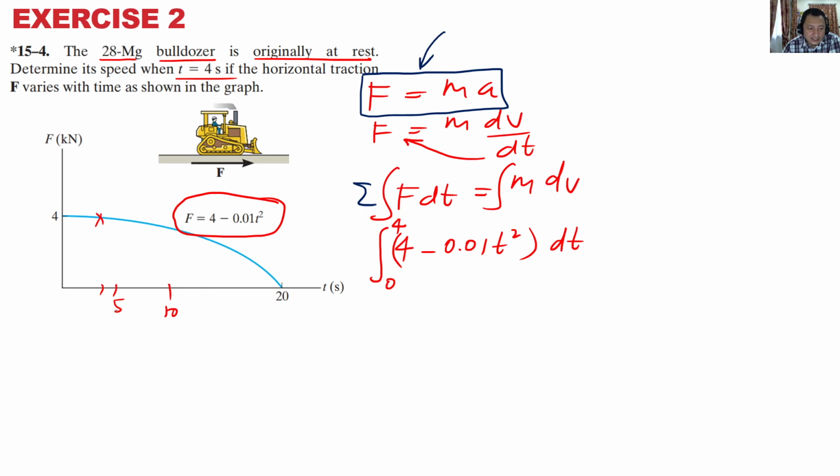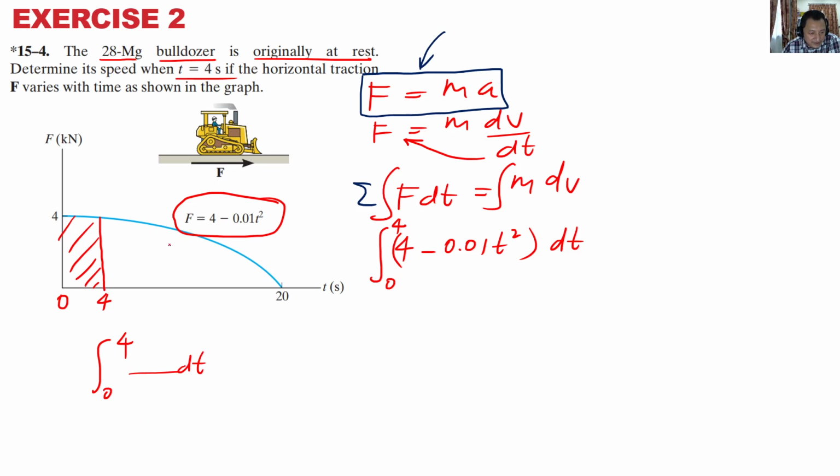So here he is trying to find from 0 until 4. I'm trying to get this one. So that's why I do integration from 0 until 4 dt.